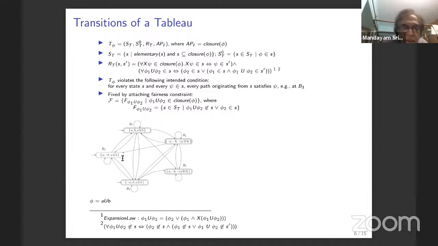That's the important thing to notice. By following these expansion laws and defining the transitions, you ensure by construction that every infinite path originating from there, every fair path, is such that the fairness condition will eliminate infinitely staying in states like B3.